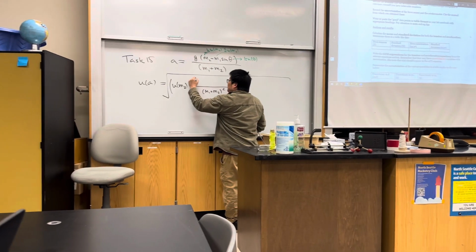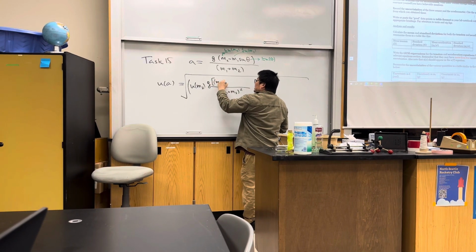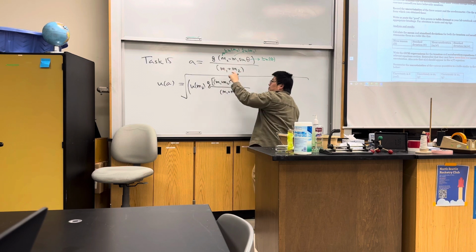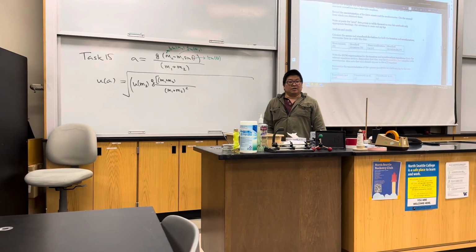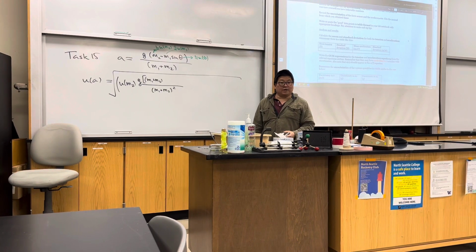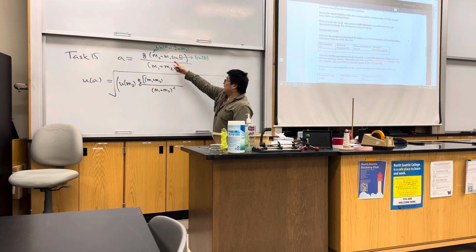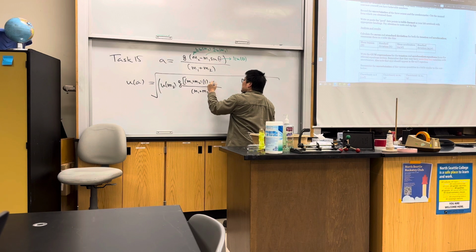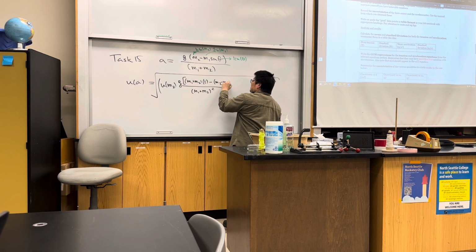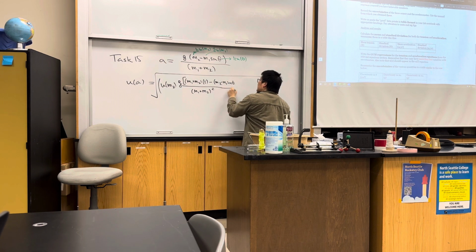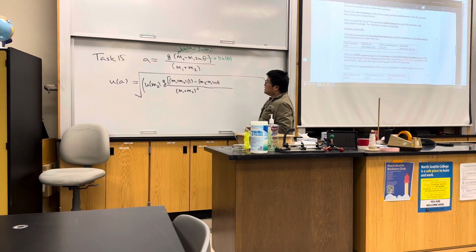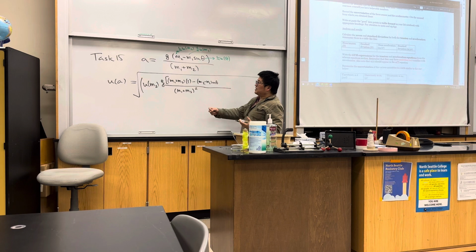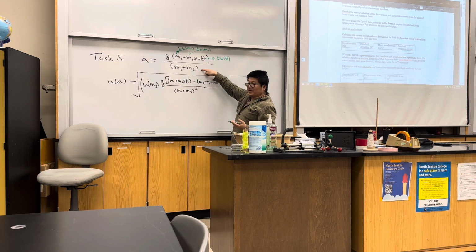So v du is going to be that times the derivative of the numerator with respect to m2, which is just 1. Minus u dv, so m2 minus m1 sine theta, and the derivative of the denominator with respect to m2 is again 1.